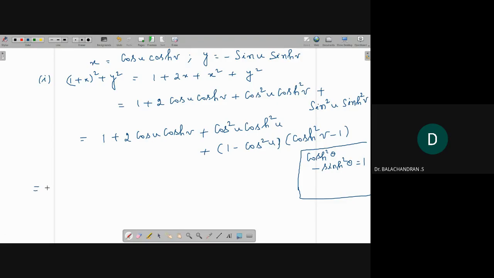This is equal to 1 plus 2 cos u into cos hv plus cos square u into cosh square v, and then multiply. Sir, cosh square v, sir.